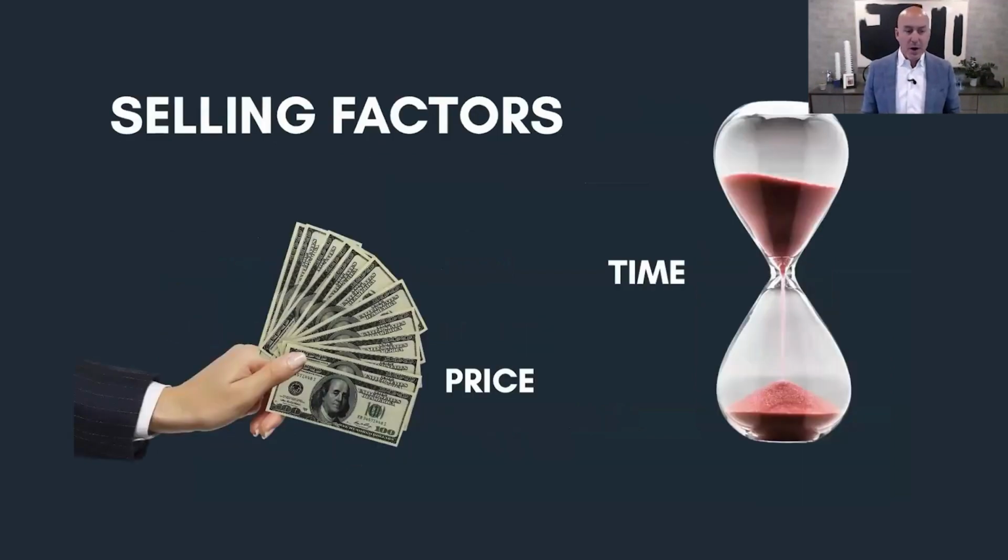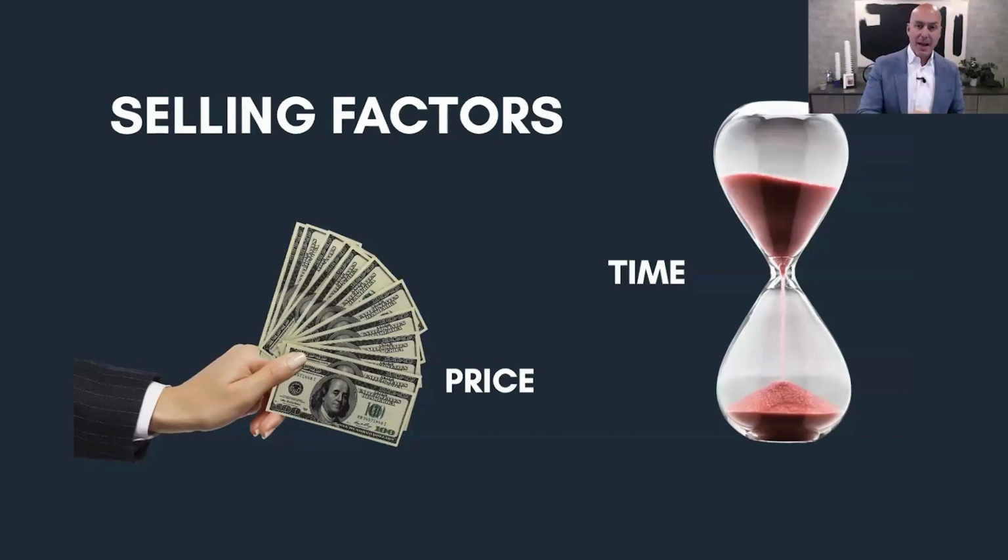Okay. All right. First of all, we have to first understand that in pricing properties, there are 2 major selling factors that determine the valuation: price and time. I always make sure that we drive home this point. If you price any property aggressively enough, it will sell.